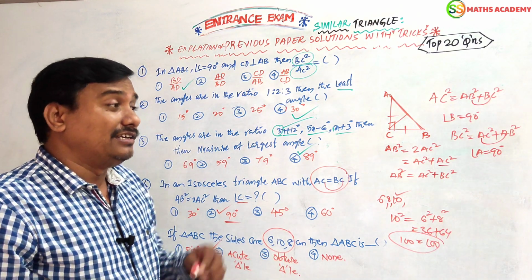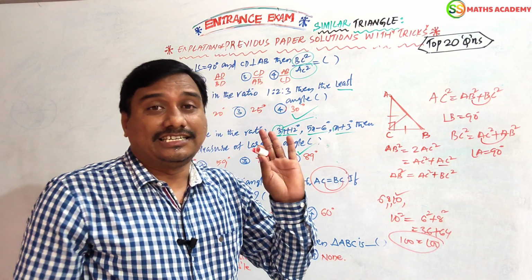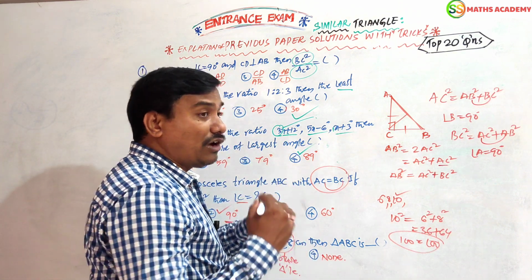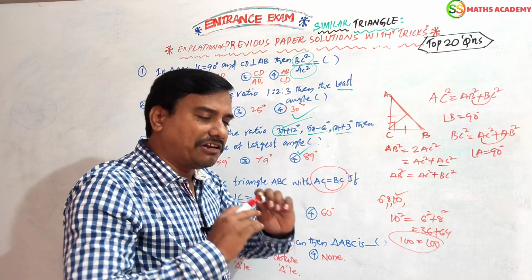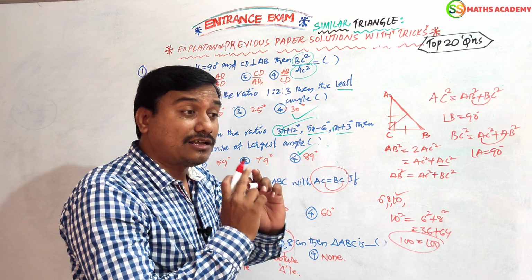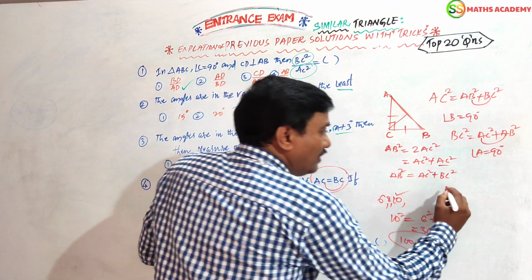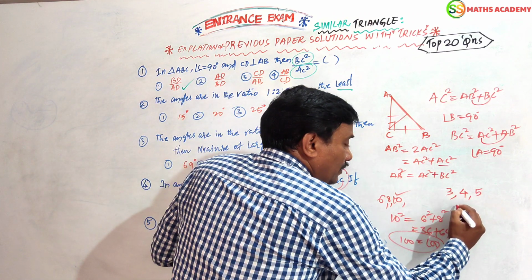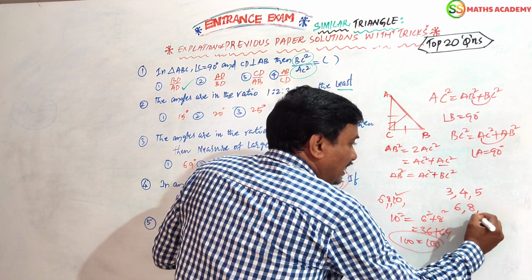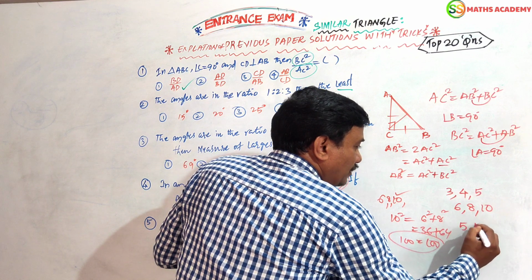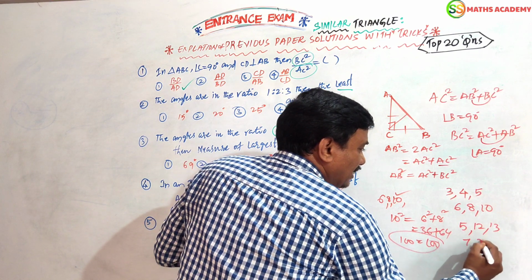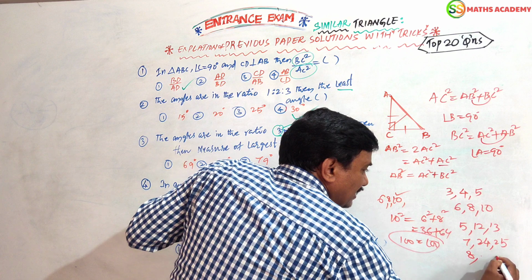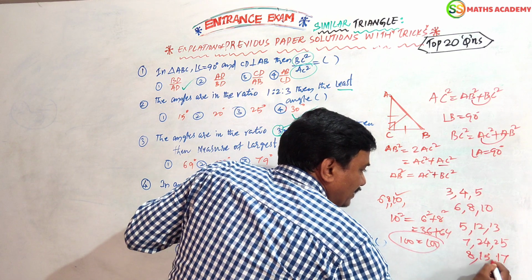Right angle triangle. Friends, not only this. I told you now, whatever values are given in the exam, you can write directly right angle triangle. What are the Pythagorean triplets? Simple. 3, 4, 5, 6, 8, 10, 5, 12, 13, 7, 24, 25, 8, 15, 17.